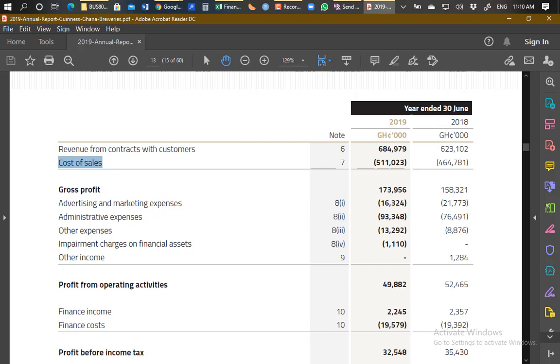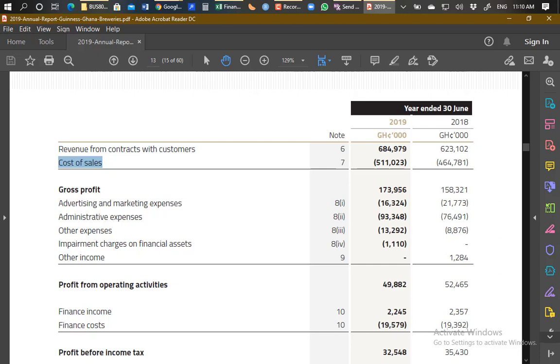So when we subtract all the operating expenses from our gross profit, then we get what is called operating profits. Here they have titled it profit from operating activities. It's the same as operating profit, because at some point in time, government will come in and take some money from us, but government has done nothing.